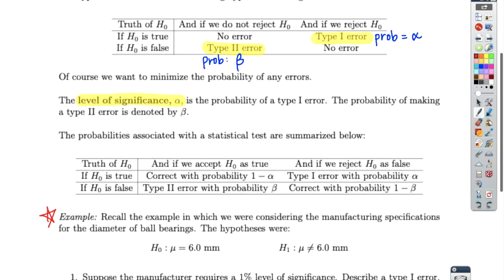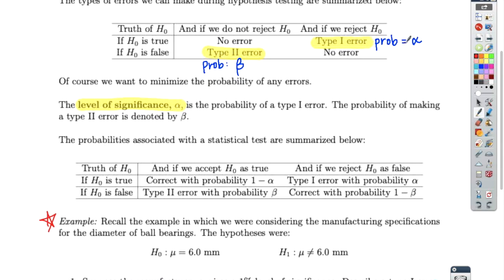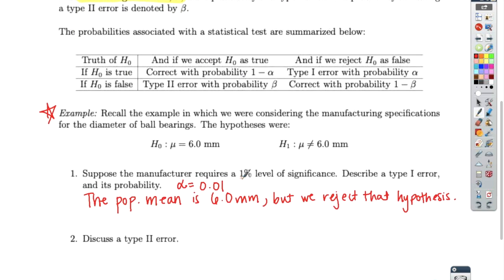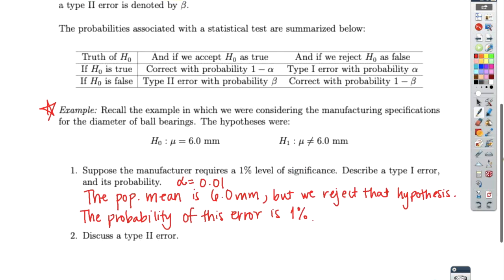What is the probability of that happening? The probability is just that alpha value, 1%. That's the level of significance, alpha.